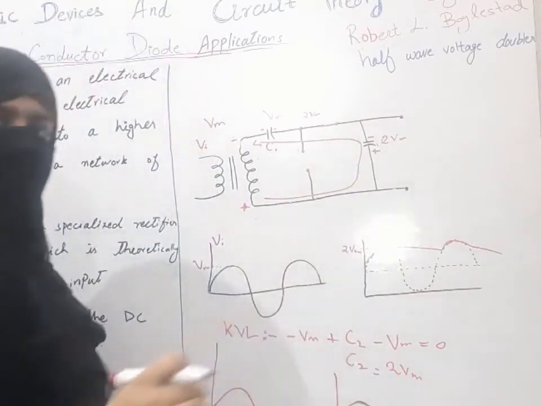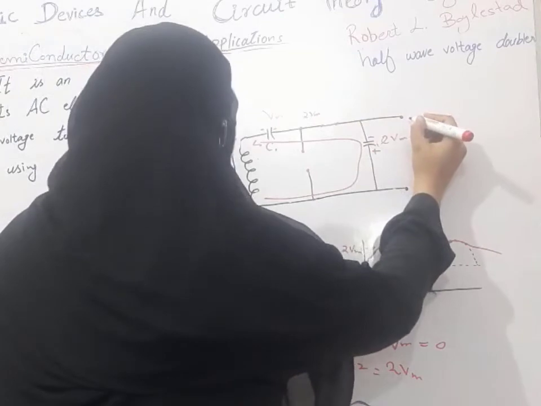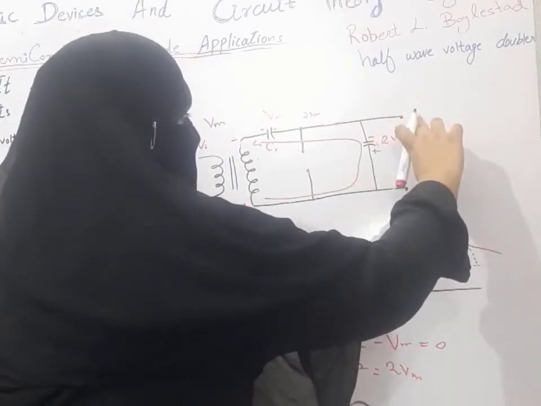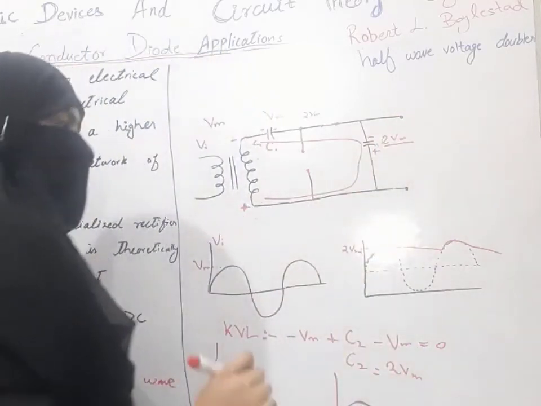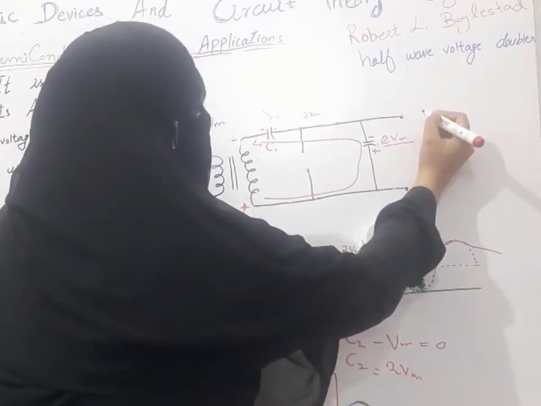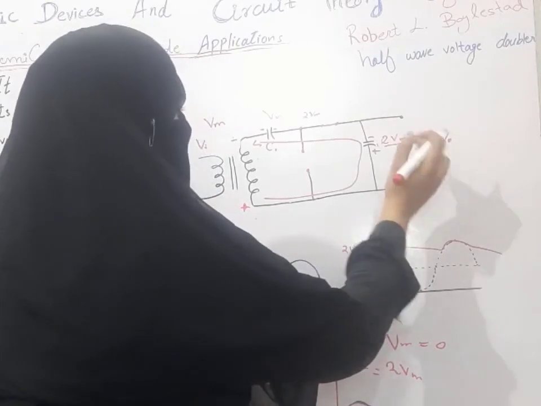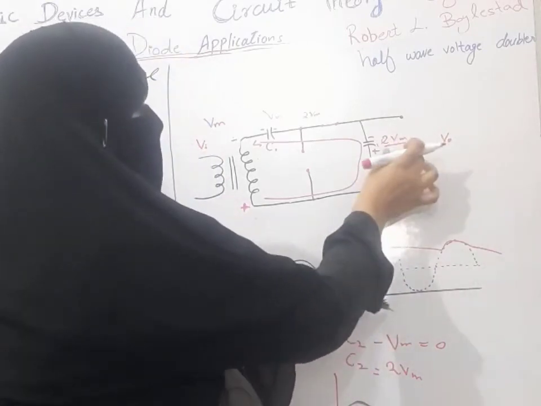We want to take our output across this capacitor, at this terminal. So at this terminal we will have the output value, V0, which will be equal to 2 Vm.